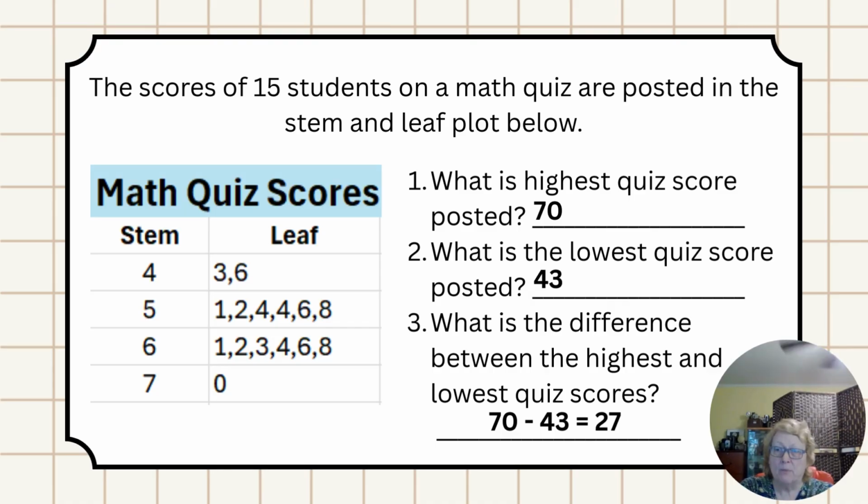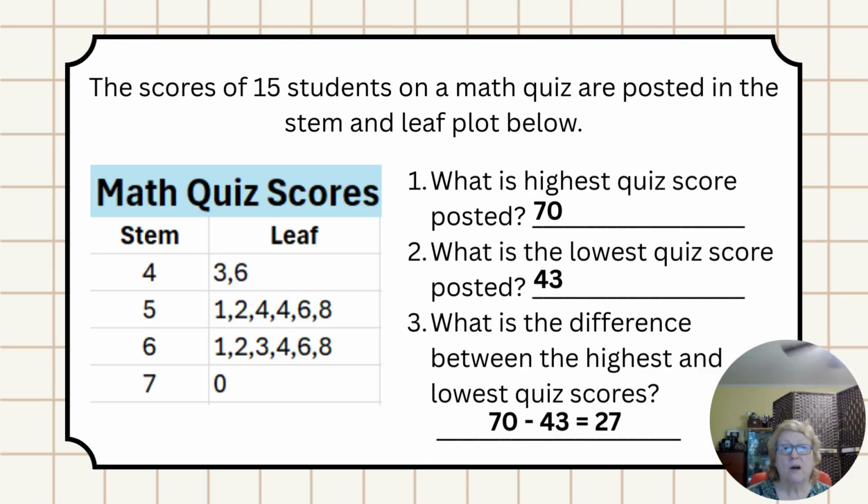So what number do the stem and leaves for row 1 really represent? It represents the number 43 and the number 46. Once you practice interpreting and reading the data in a stem and leaf plot, it will become easier and easier to understand. It just takes practice. So let's answer some questions here using the data that's in the stem and leaf plot.